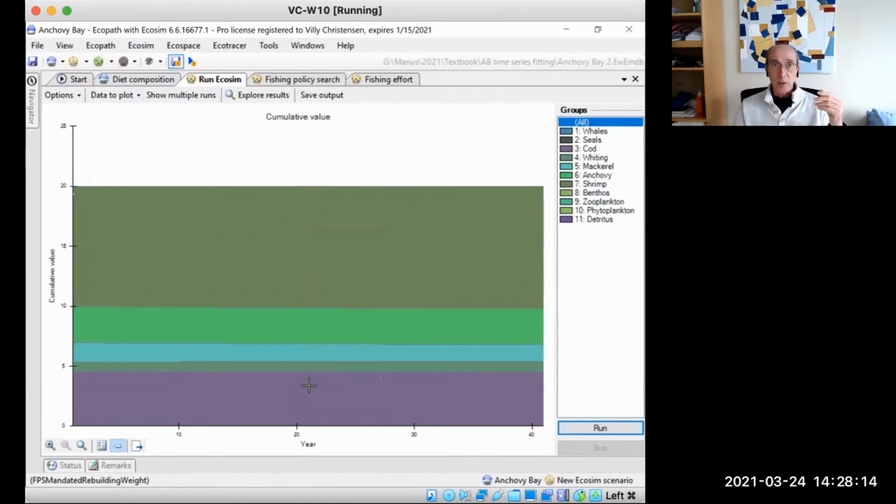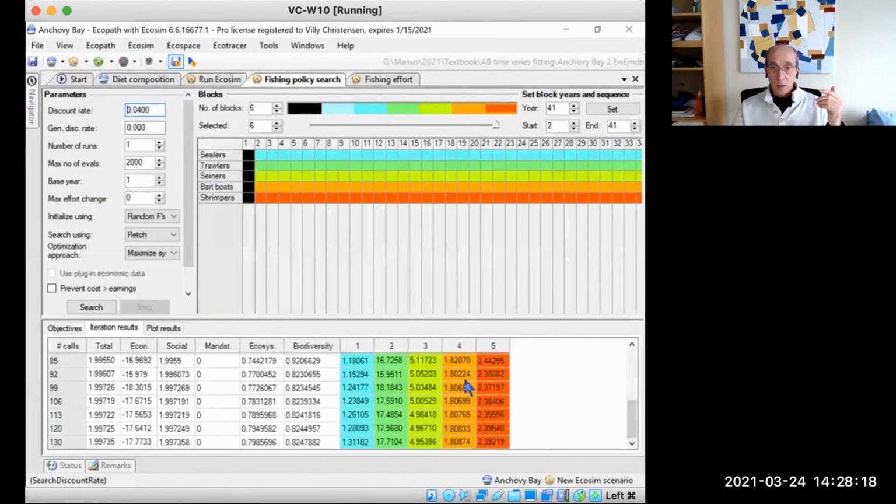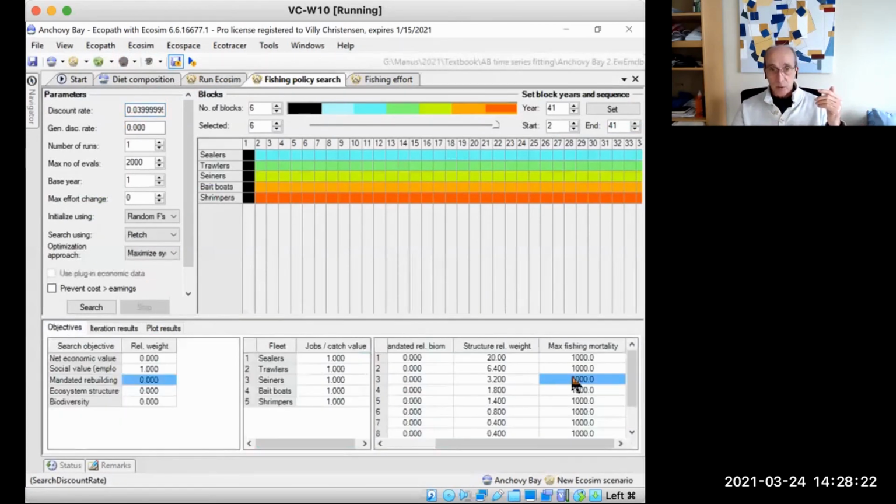But you can balance that in the fishing policy search by setting the highest values in the objectives. For instance, the highest fishing you will allow for cod would be not 1,000 fish mortality, but 0.5, or however far it's allowed to go.